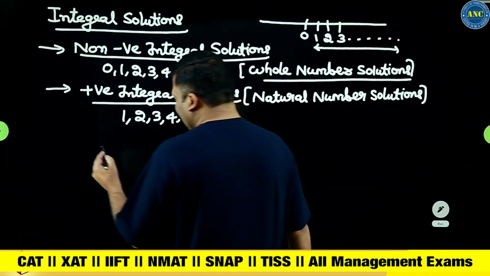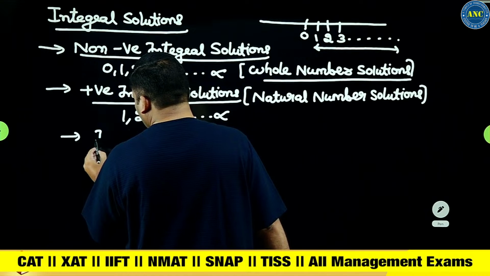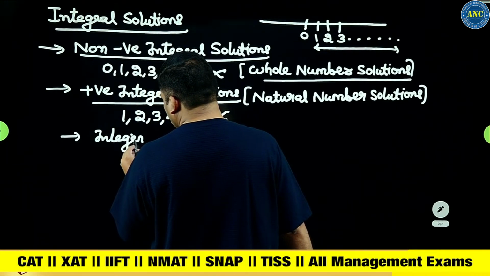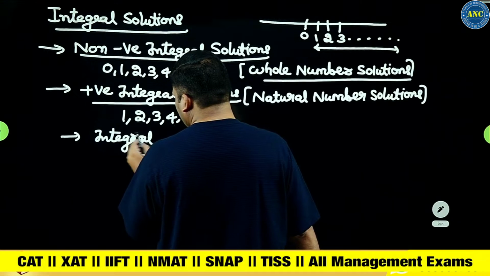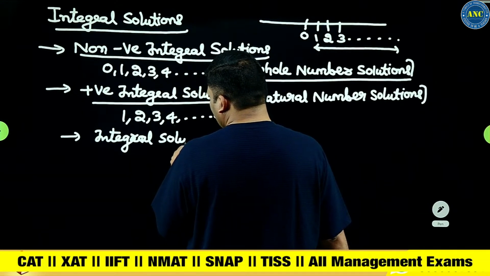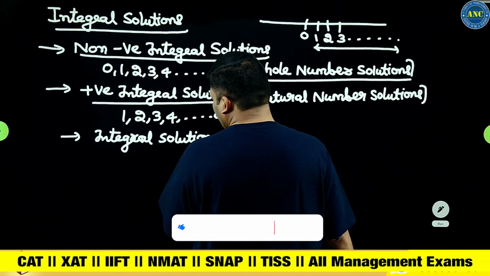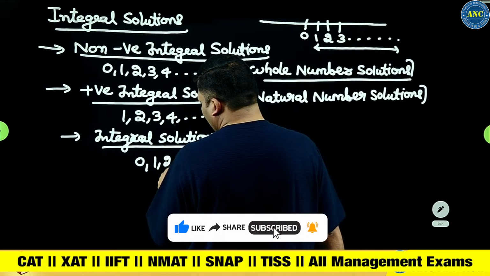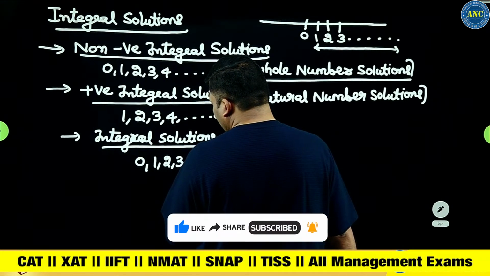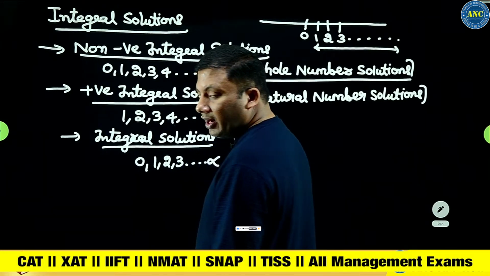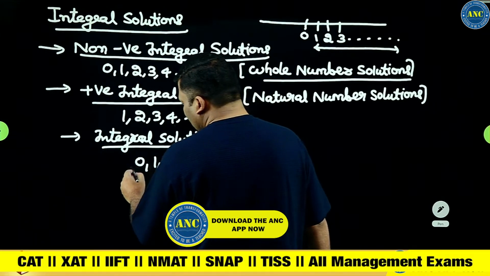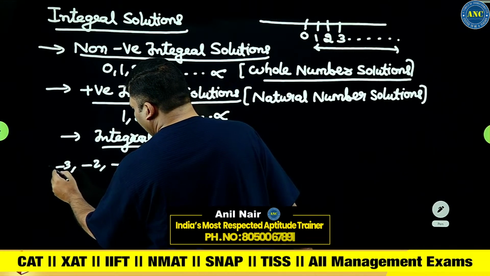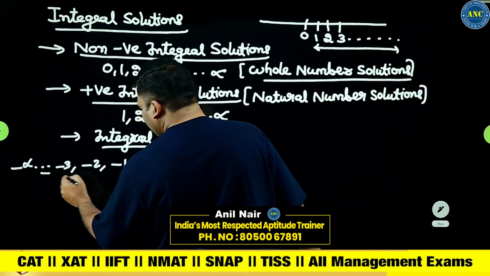In case he is asking integral solutions, integers means 0 and, on the right side of 0, all the values we should take: 0, 1, 2, 3 and so on up to infinite. On the left side of 0: minus 1, minus 2, minus 3 and so on up to minus infinite.